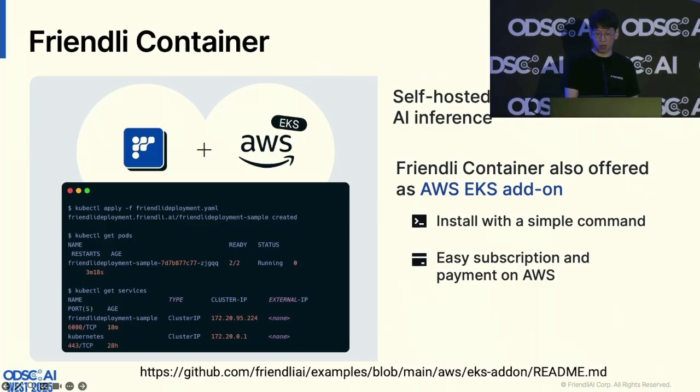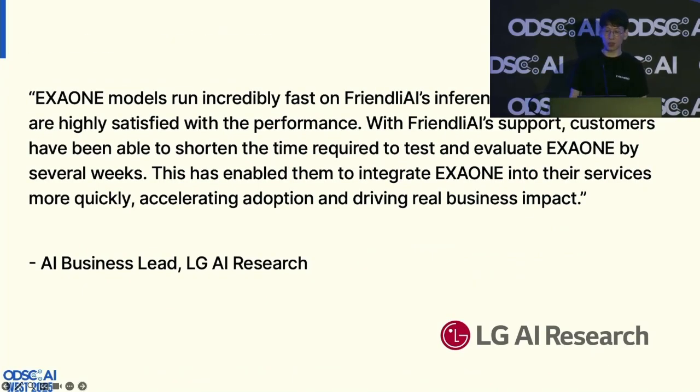So let me share some of the testimonials from our clients. Our clients are very happy with our platform and switched from other providers to us. For example, LG has their own foundation model called EXAONE, and we're the only API provider of their model.